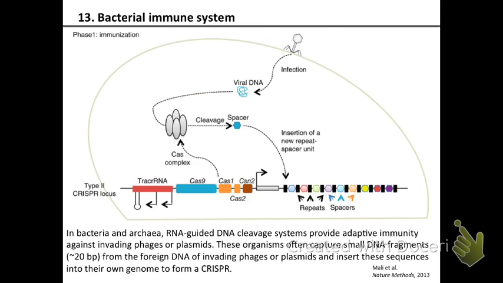In the bacterial immune system, in bacteria and archaea, these RNA-guided DNA cleavage systems provide adaptive immunity against invading phages or plasmids. Okay?